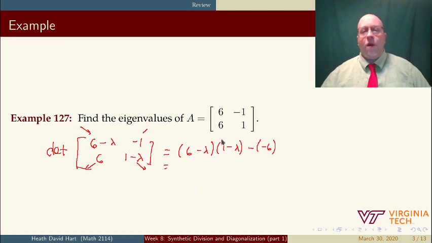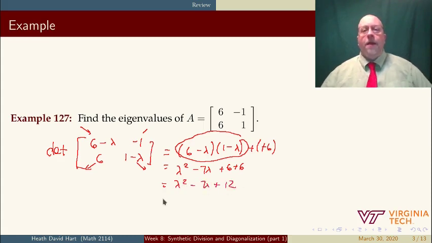And then this requires multiplying two binomials together. This is lambda squared minus 7 lambda plus 6, minus -6 is plus another 6, which is lambda squared minus 7 lambda plus 12. That factors into lambda minus 3 times lambda minus 4. And so the eigenvalues are 3 and 4.